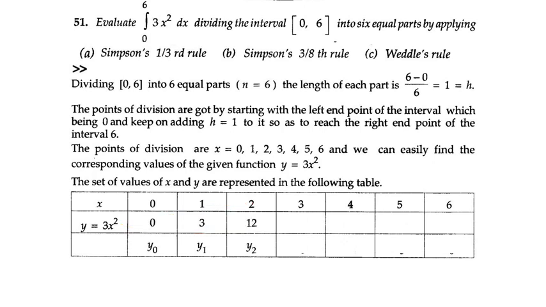And go on naming this value of y as y naught, this as y1, this as y2, and the last value y6. So we got all the values of x and all the values of y which are required in the formula. Now one by one we apply all these formulae.